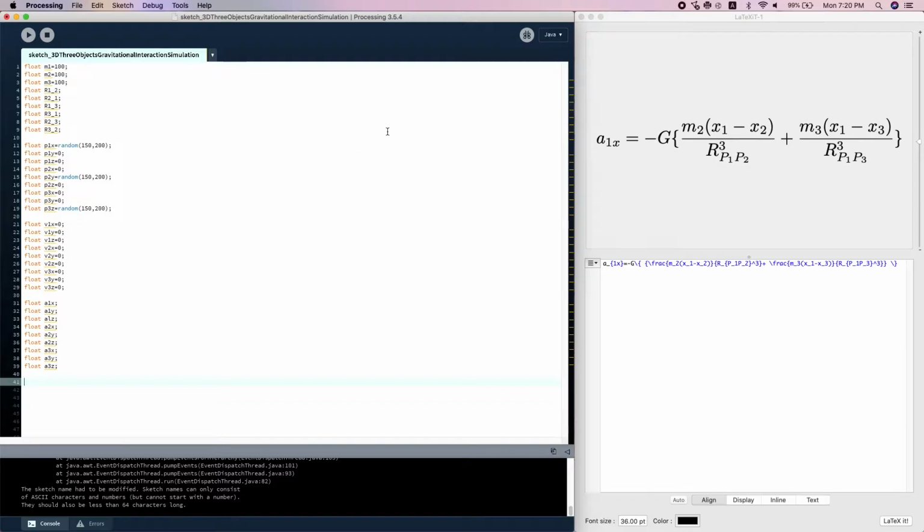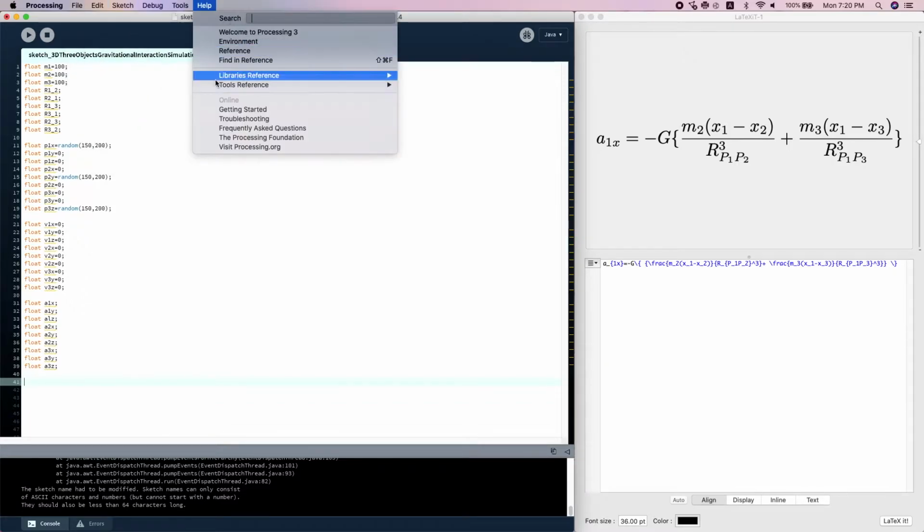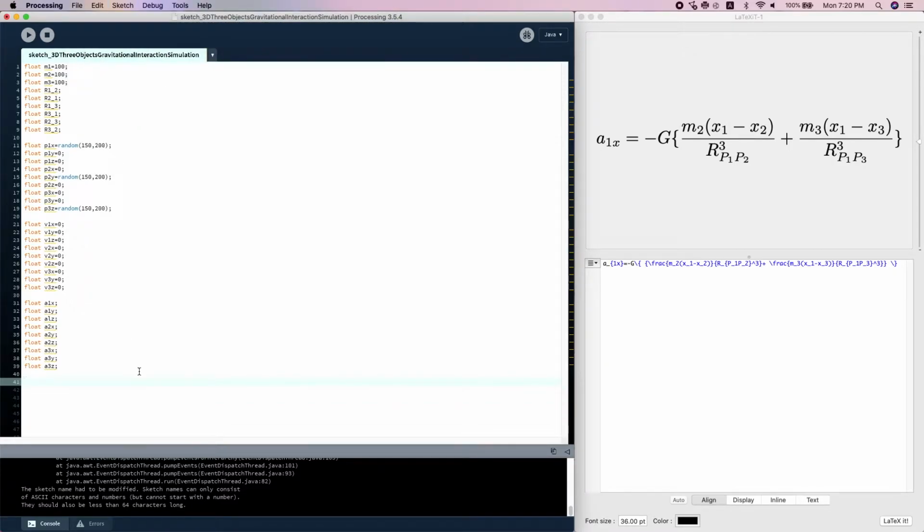Notice in the code that I'm going to draw the trail that the object goes through, and it's similar to what I've done in the previous videos in the double pendulum simulation and the elastic collision simulation.